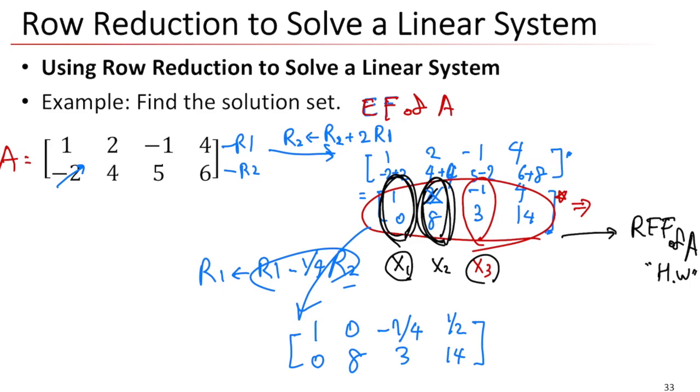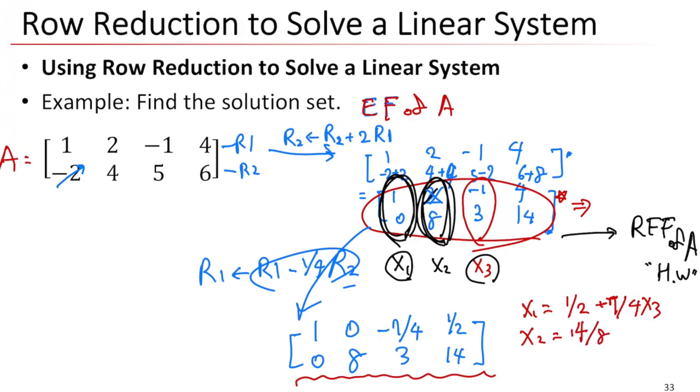Anyway, if we get this matrix looking like this, then finally we can represent x1 equal to 1 over 2 plus 7 over 4 x3, and x2 equals what? 13 over 8 minus 3 over 8 x3, and we can say that x3 is free.